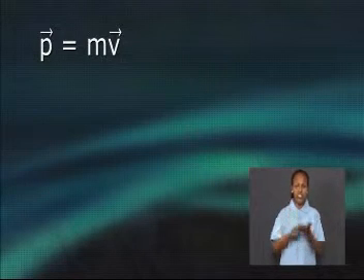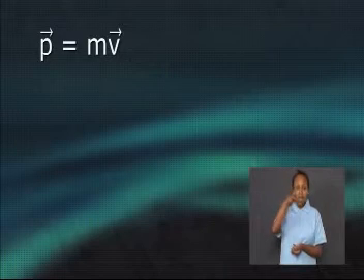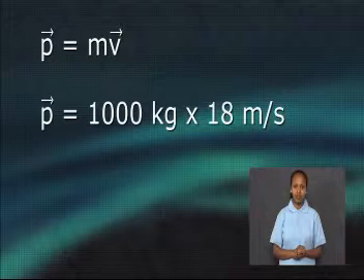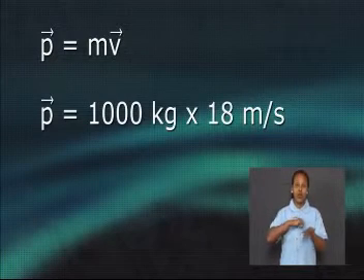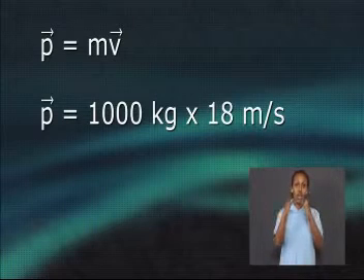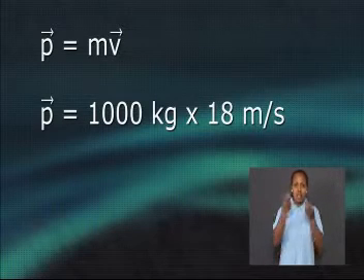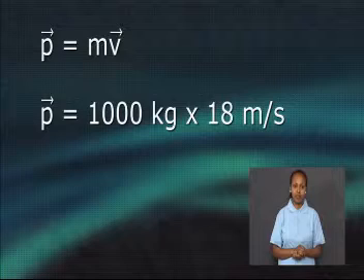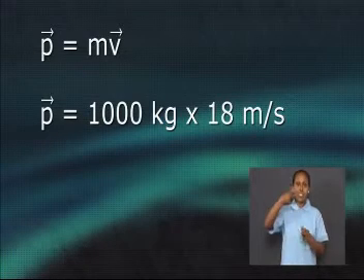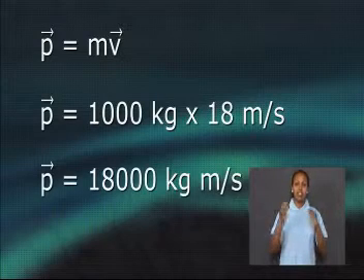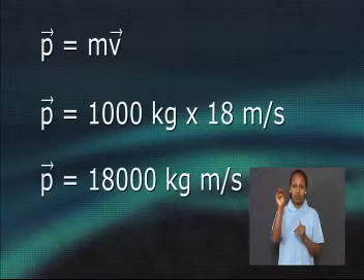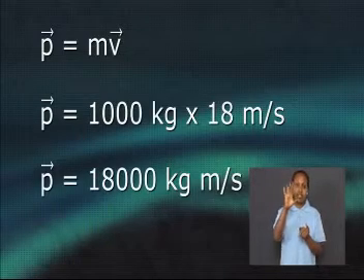In this case, it is P equals m times v. Then, we substitute the appropriate values into the equation for mass and velocity. Once calculated, we obtain the result. The magnitude of linear momentum of the rhino is 18,000 kilogram meters per second.